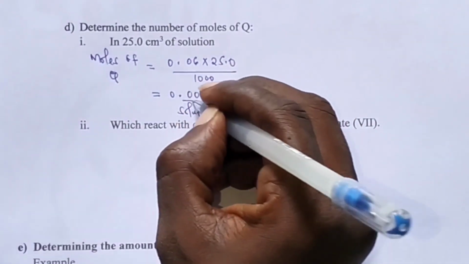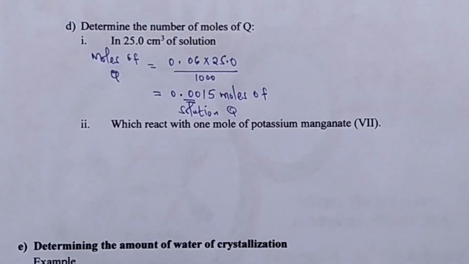That will be the number of moles of solution Q in 25 cm³ of solution.